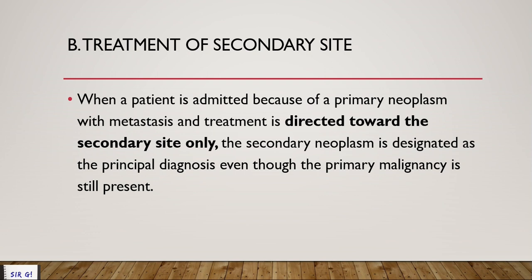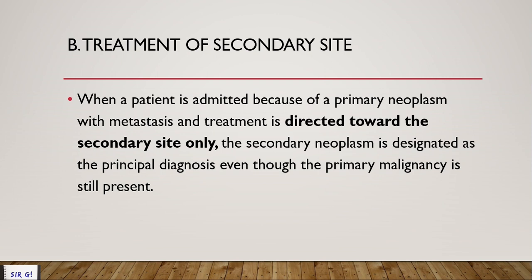Treatment of secondary sites. Remember, when we are talking about malignancy, there is really a tendency that it may spread out to other body parts. So it's very important to always check in the documentation if there's already a metastasis. As I mentioned, metastasis is the spread of the cancer.